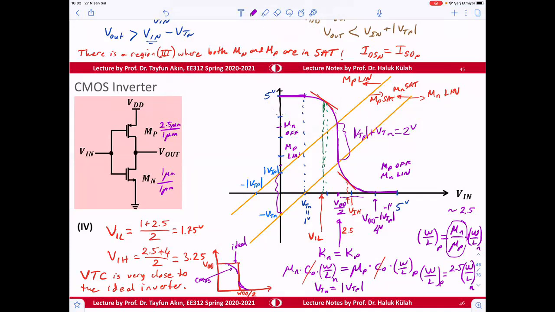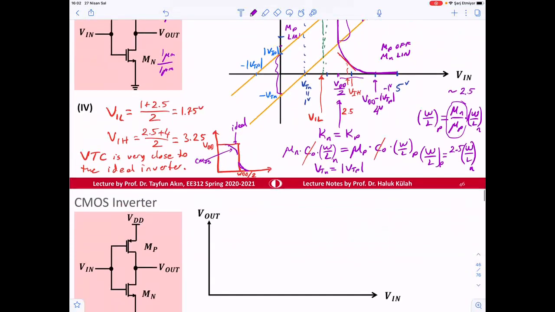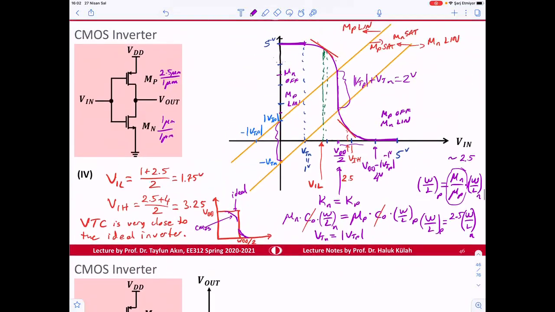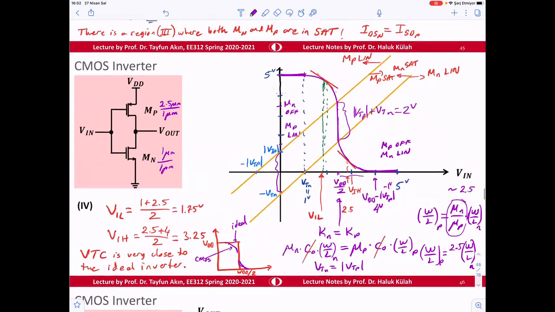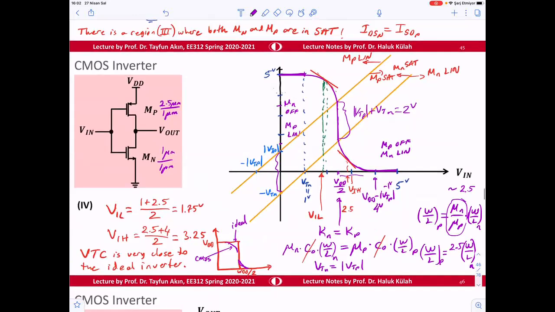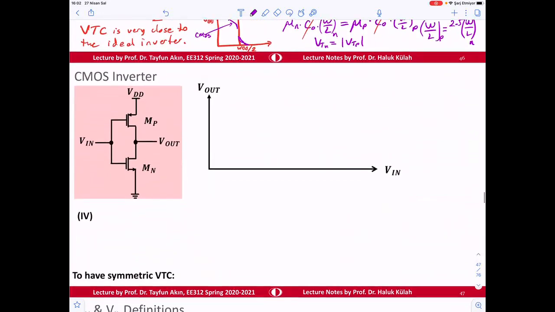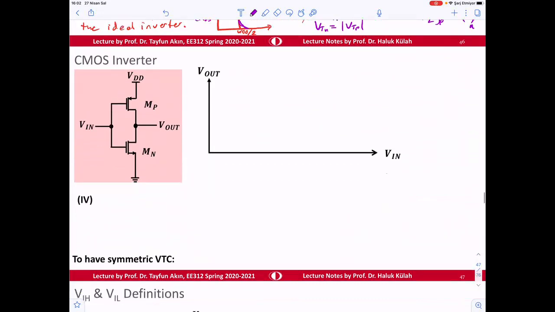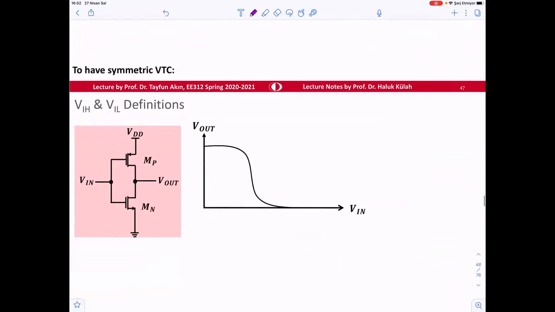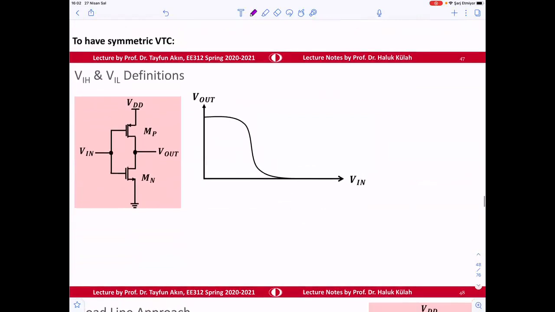Maybe this is now showing the CMOS properly. I guess I'm using the slides a little bit differently than what is meant to be. So the symmetric VTC is obtained this way.